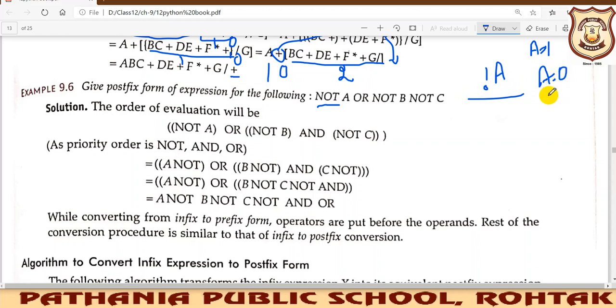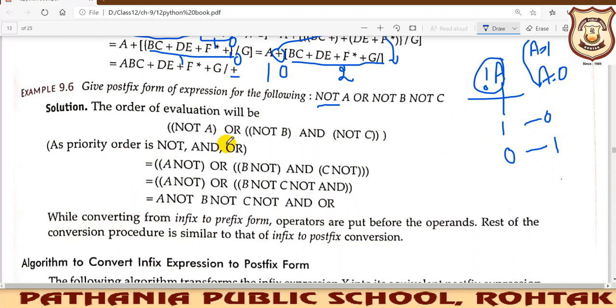If A is 0 and I say negate it, not A, then A will become 1. So 1 will become 0 and 0 will become 1.